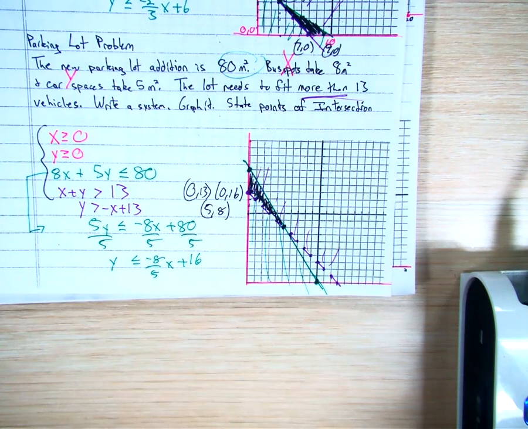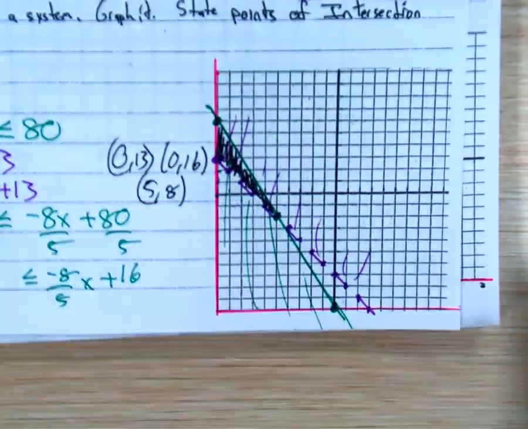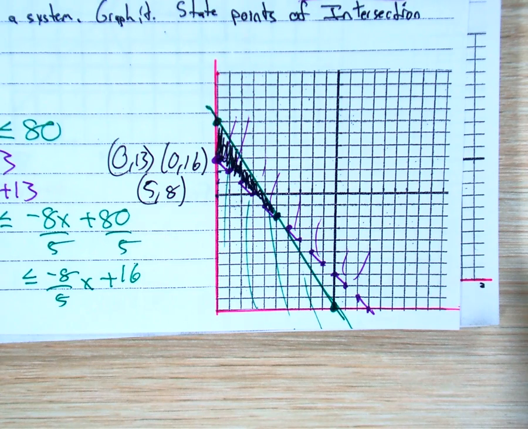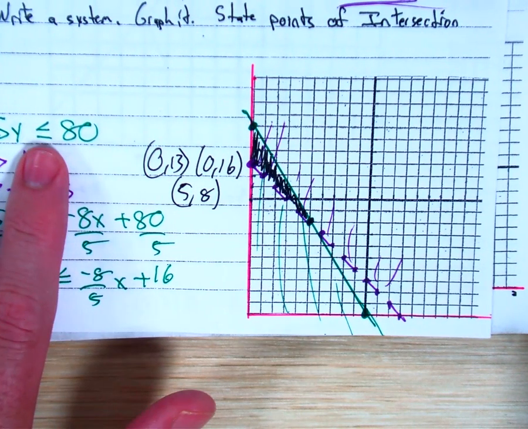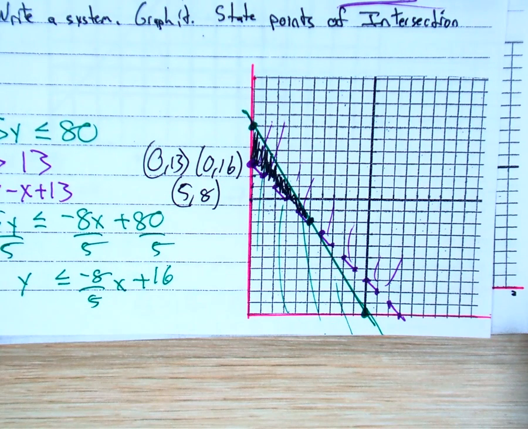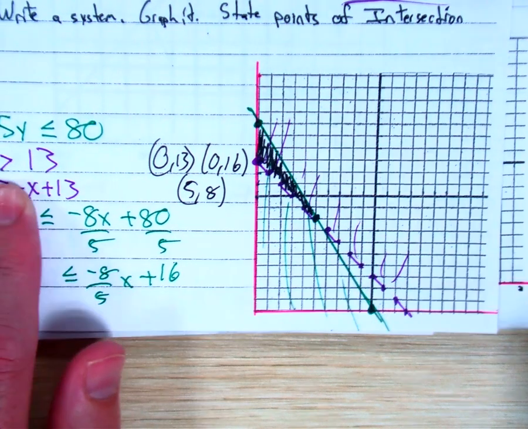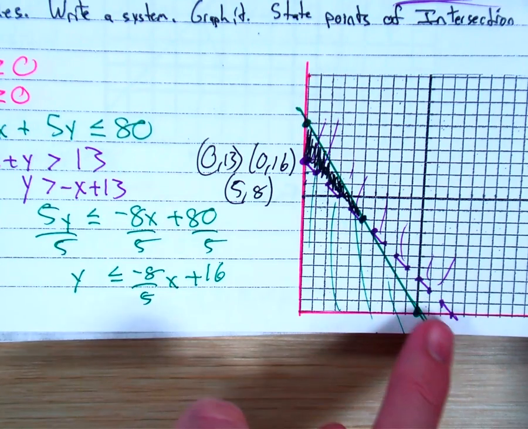Now let's talk about that dotted line. Remember the difference between dotted lines and solid lines. Solid lines have that or equal to part. So the points on the line count, because the points on the line are the equal to part. If you are just greater than, then the points on the line don't count, because the points on the line are equal to.